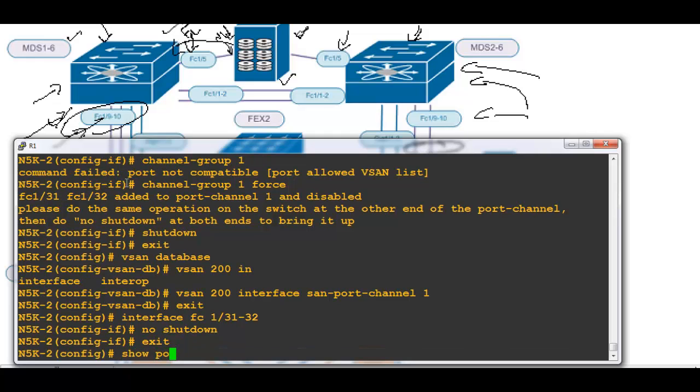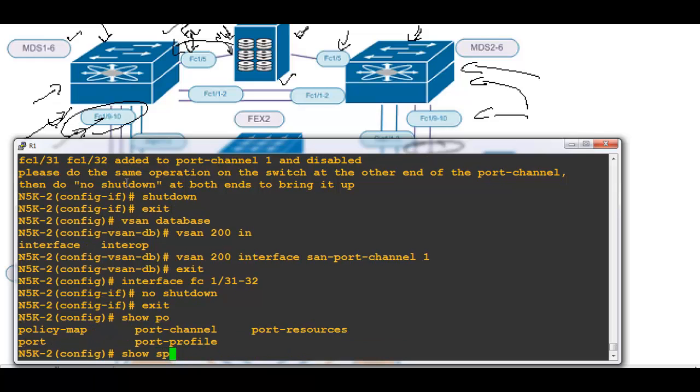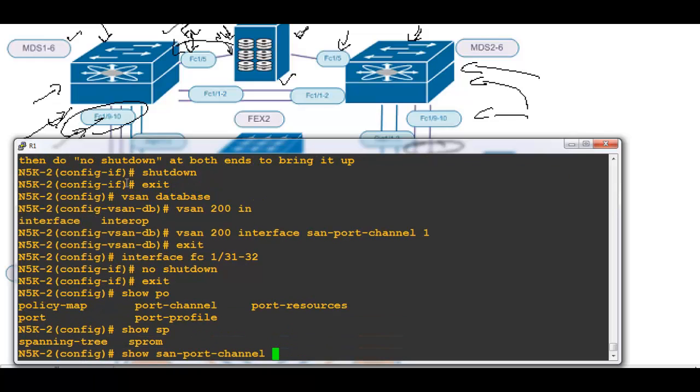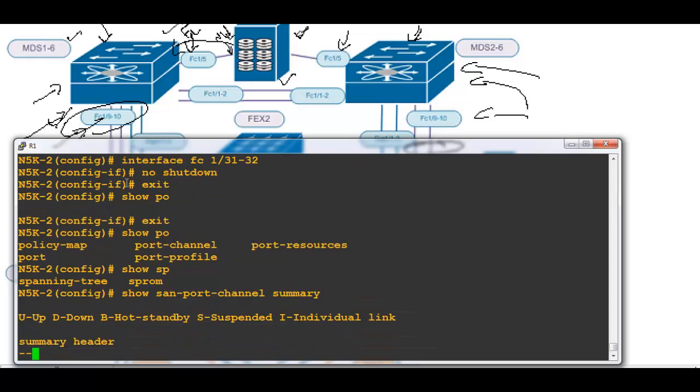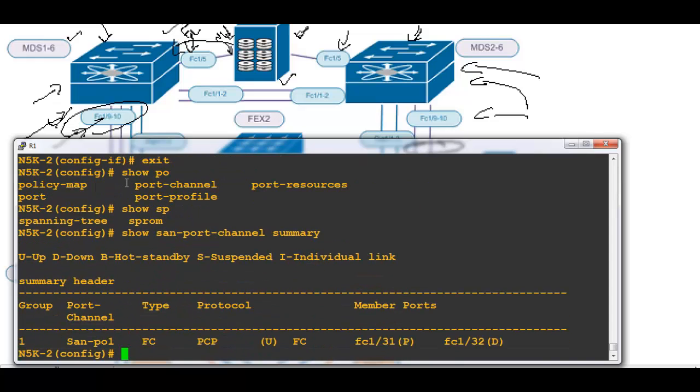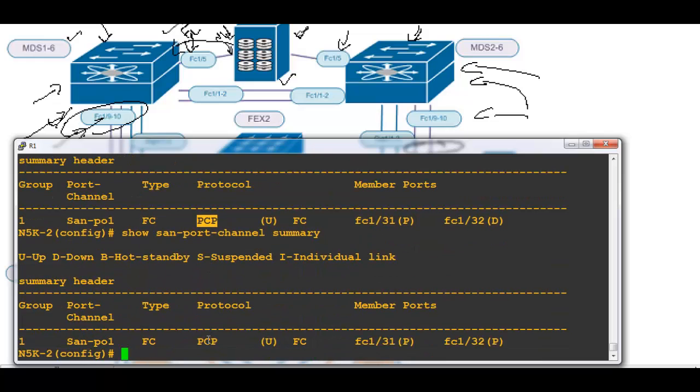Show port channel, show SAN port channel summary. So soon it has come up. I didn't expect this fast. Both, oh no, one port is down still, but one has already come. Yeah, wonderful this time. See, we followed a procedure, so we are out of trouble.